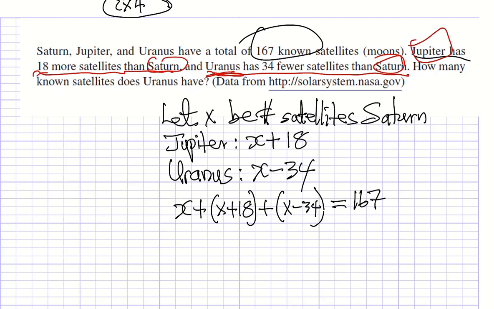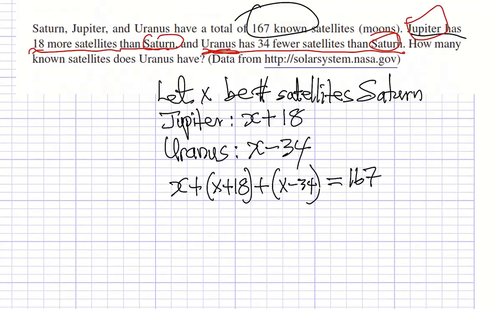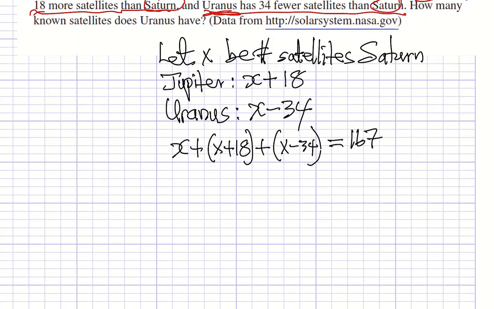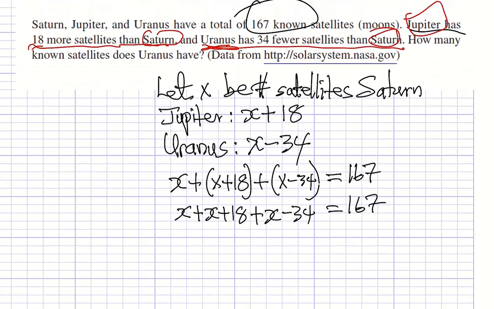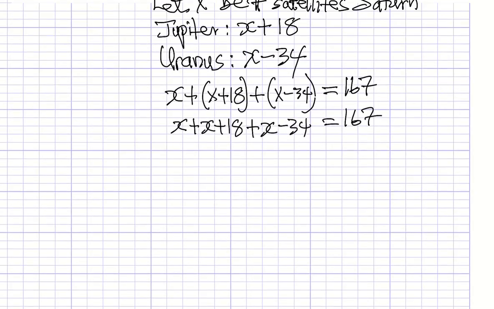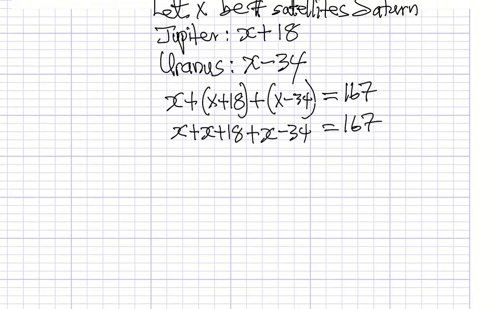You only have X to worry about. So you solve that. Start by removing all the brackets. You have X plus 18 plus X minus 34 equals 167. Like we always say, this is 1x, 1x.